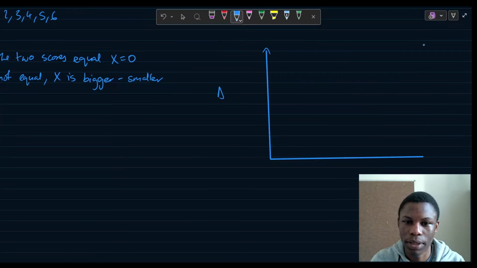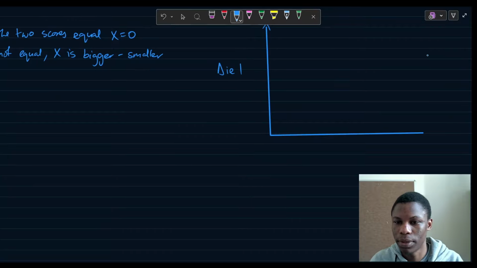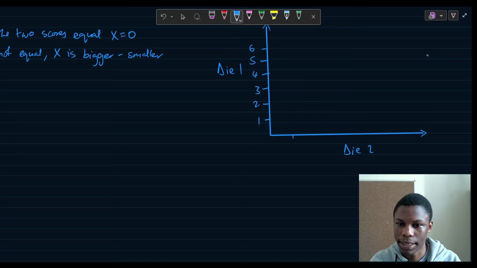So here I'll put die 1 and the second die on that axis. Each die has 1, 2, 3, 4, 5, 6. Those are the labels. And same goes for die 2.